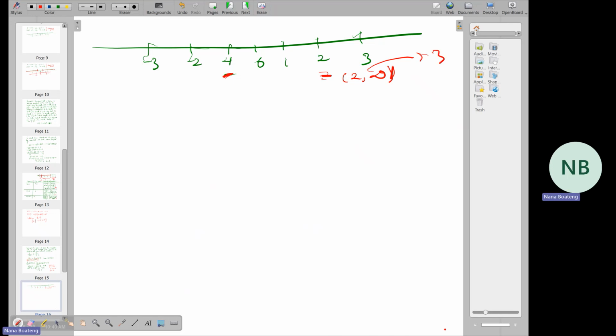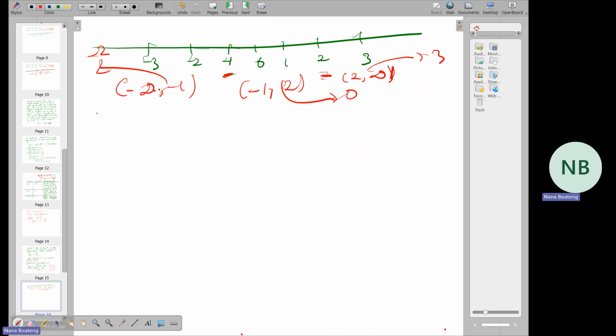We also have -1 to 2, where we can pick a value such as 0 as our test value. And also from -infinity to -1, we can pick a test value such as -2.